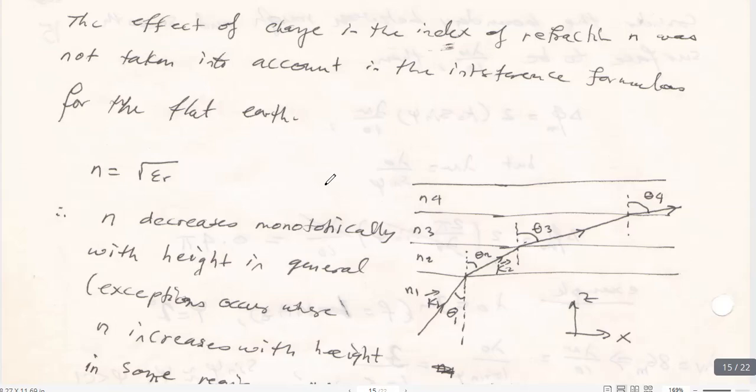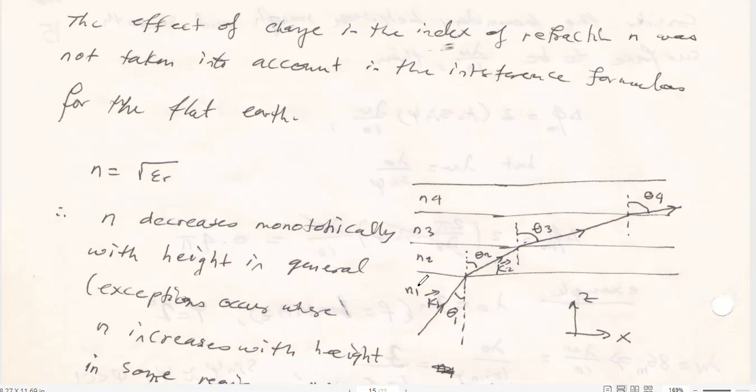Now we move to the effect of change in the index of refraction in the air, because we are surrounded by the atmosphere. The atmosphere is not free space. For a standard atmosphere, the air density will decrease as we go up, as the altitude increases.